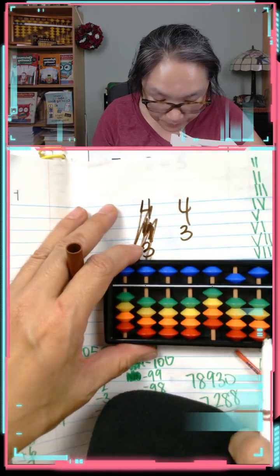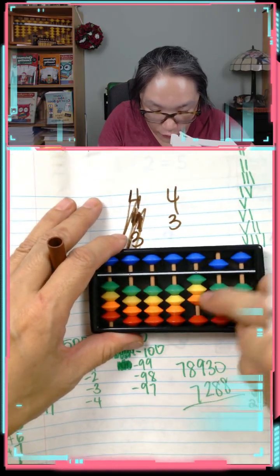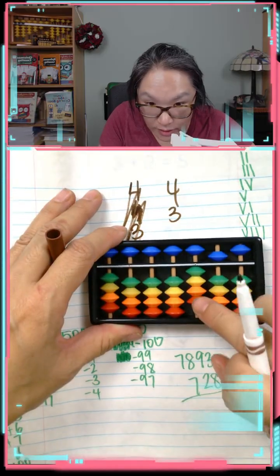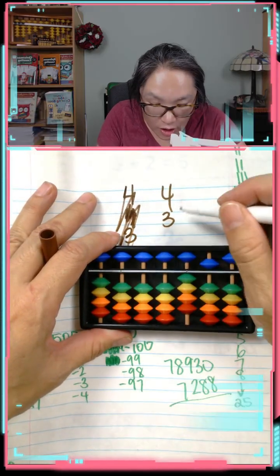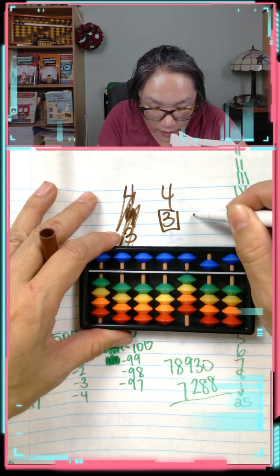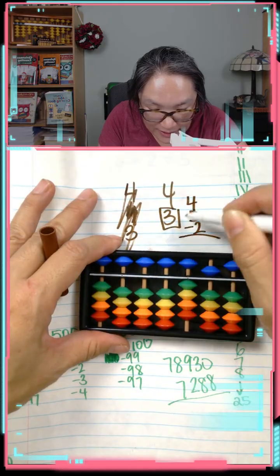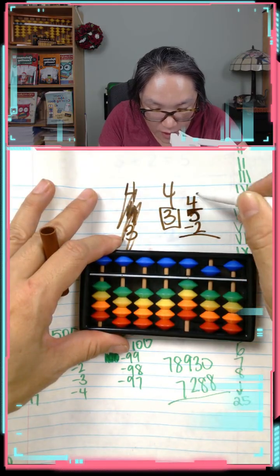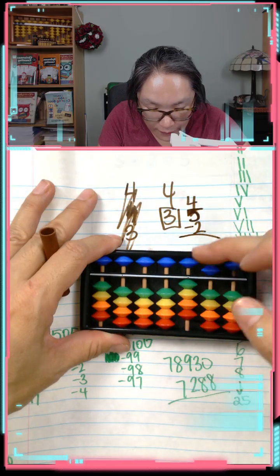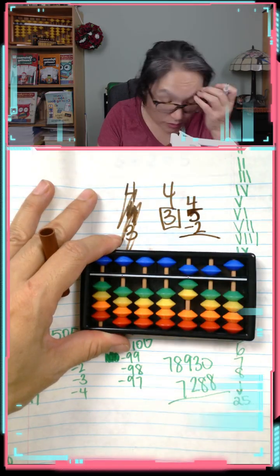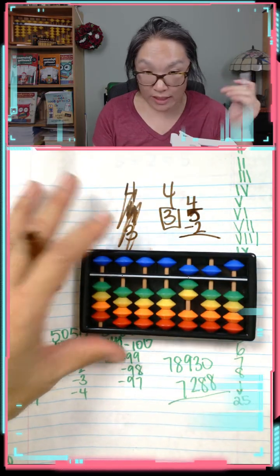But guess what? I have no more beads to add the 3. So I can replace this with a 5 minus 2. So now I have it like this. So 4, and then plus the 5, and then take away the 2. We could do that. I don't know if that makes sense.